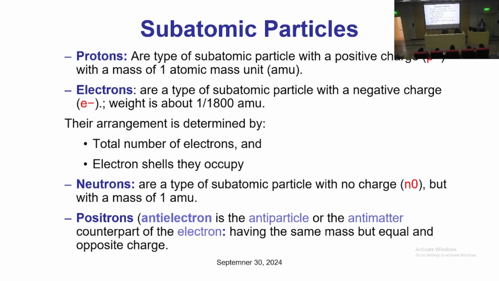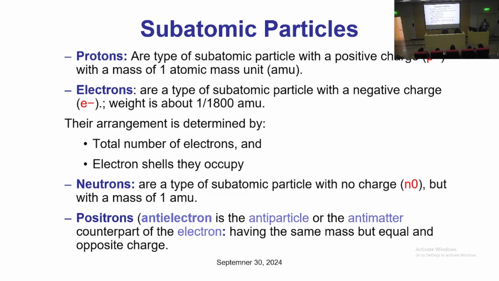The protons have a positive charge. The neutrons have no charge. They are bigger; both of them have a mass of 1 atomic mass unit. And we have the electrons, which are in the outer layers, outside the nucleus. They can freely move according to the energy they absorb or the energy they emit.